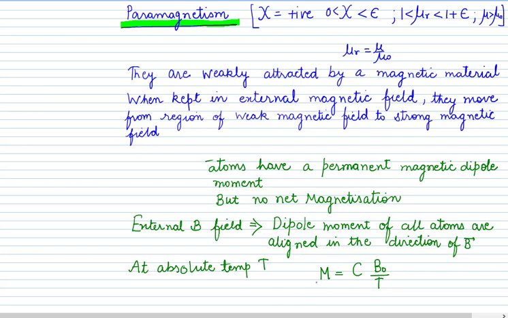Now we know the relation between M and H. We have just derived that the magnetization is equal to Xi times the magnetic field intensity. So if you compare these two equations, then you have the value of Xi.